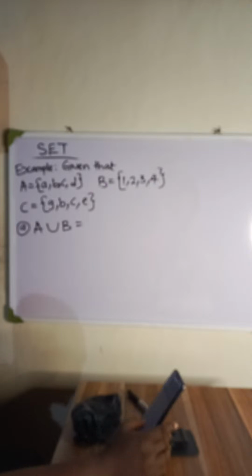What are we going to have for A union B? Any answers?